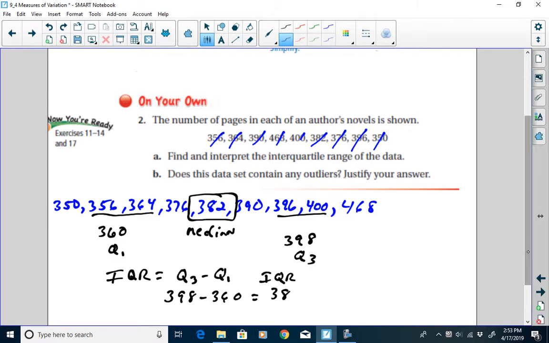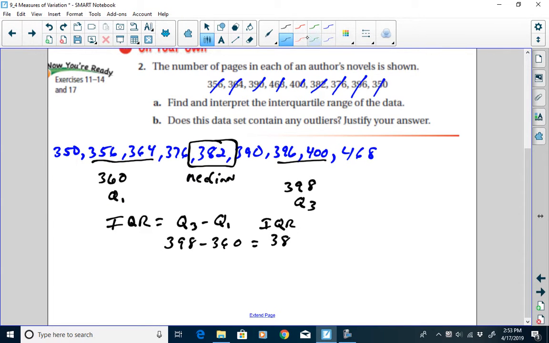So the outlier calculation looks like this. To find the lower boundary, I like to label my outlier. We have to take our Q1 and subtract 1.5 times the IQR. My Q1 is 360. Then we subtract 1.5 times the IQR, which is 38.